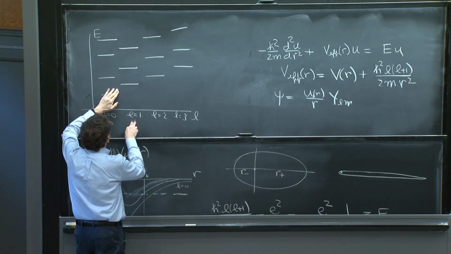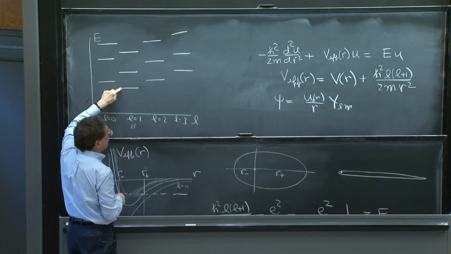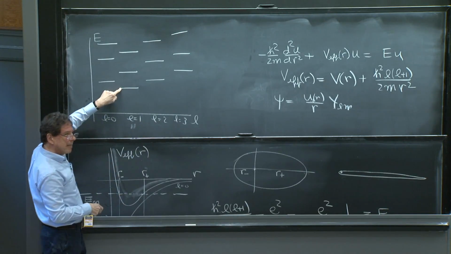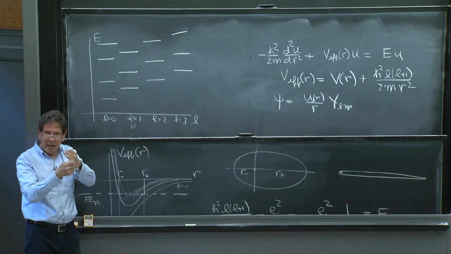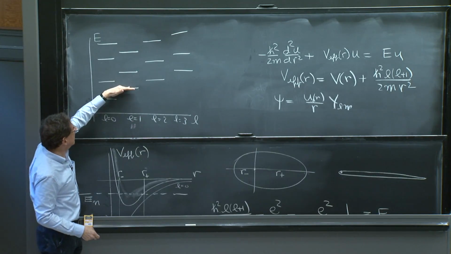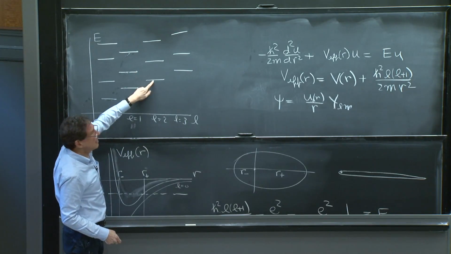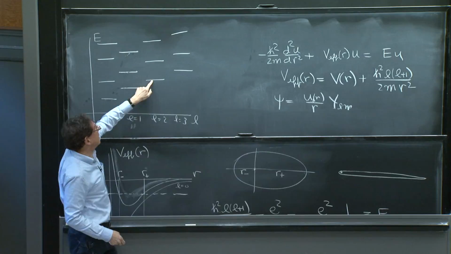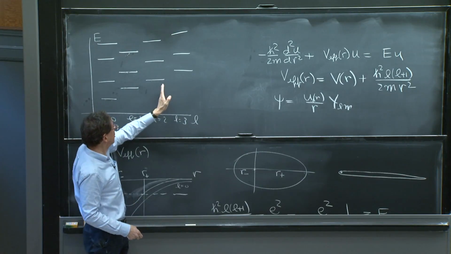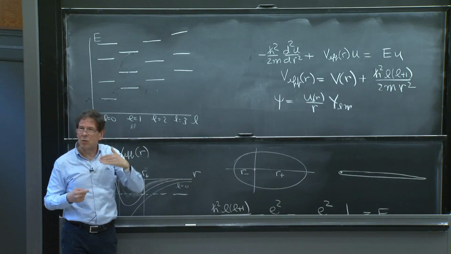But each one of these corresponds to L equals 1. So each one of these is triply degenerate because M can be minus 1, 0, and 1. So here, 3 states, 3 states, 3 states. Here, this is 5 states, 5 states, 5 states, because they all have L equal 2, and L equal 2 goes M from minus 2 to plus 2.